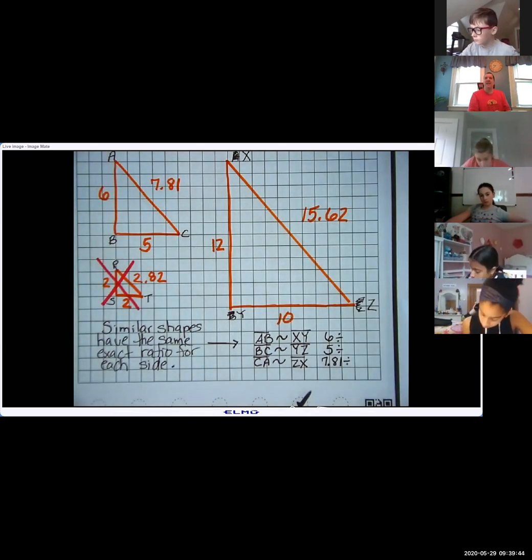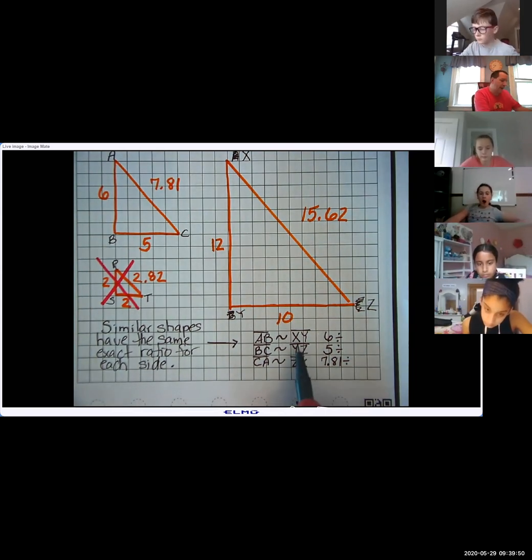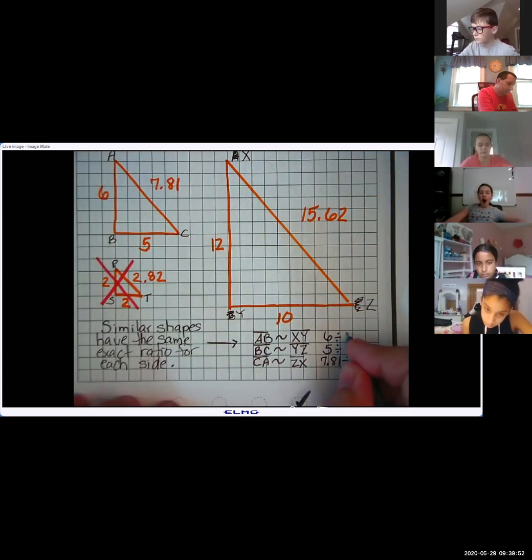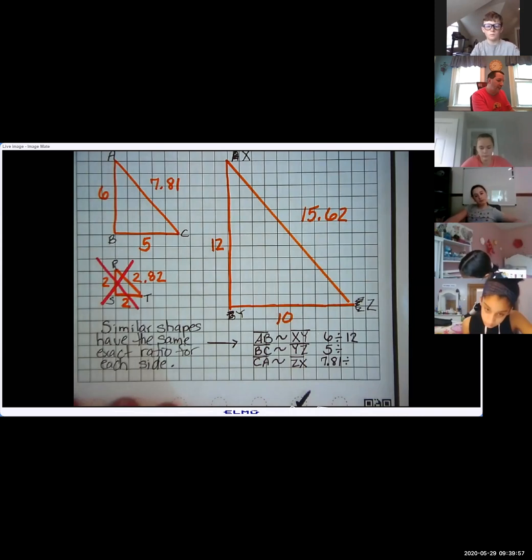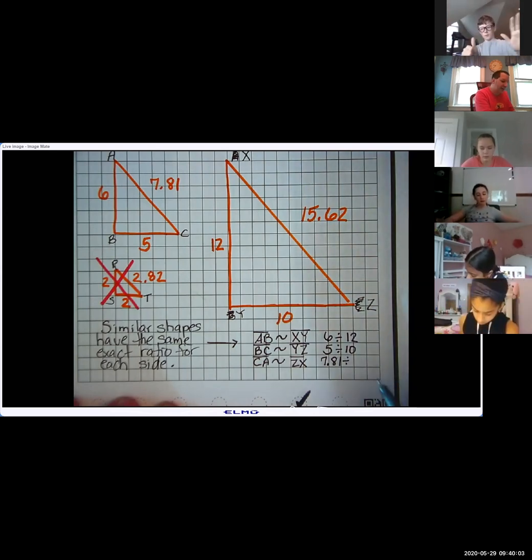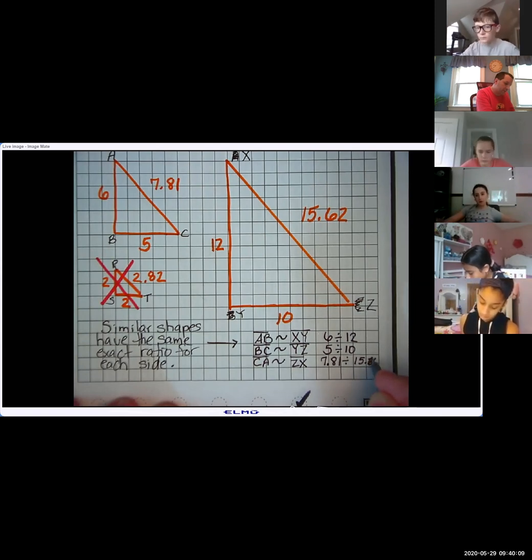We're going to divide these by the size of the corresponding side. How long is XY? 12. How long is YZ? How long is ZX? 15.62. Whoops, I did that wrong. 6, 2.